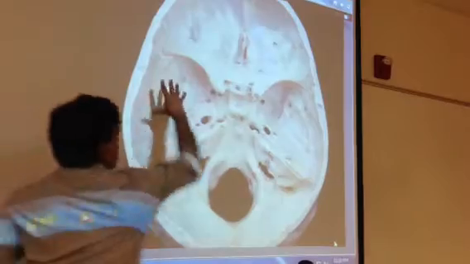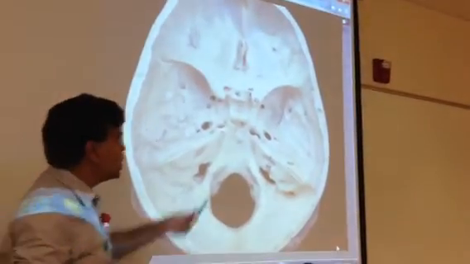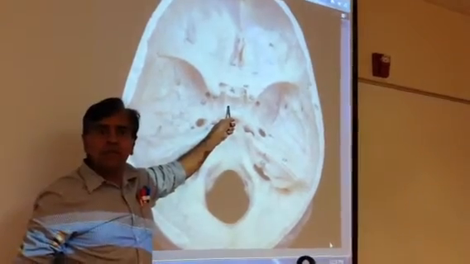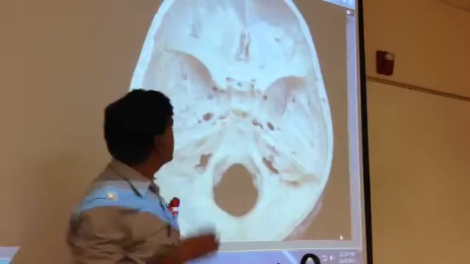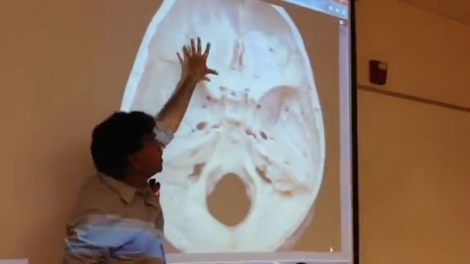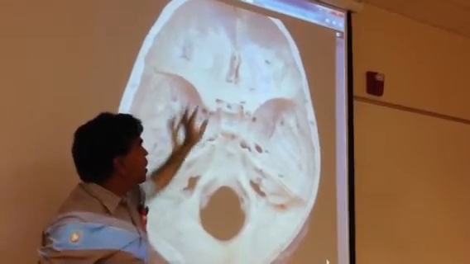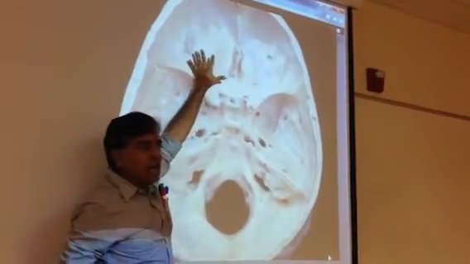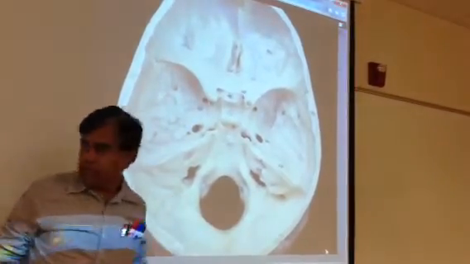Okay, so this is basically your sphenoid bone that looks like a bat or a butterfly. So this structure in the middle of the sphenoid bone, sella turcica. Okay, sella turcica. The cavity in the front, middle, and the back of the skull, we call it cranial fossa: anterior, middle, and posterior cranial fossa.